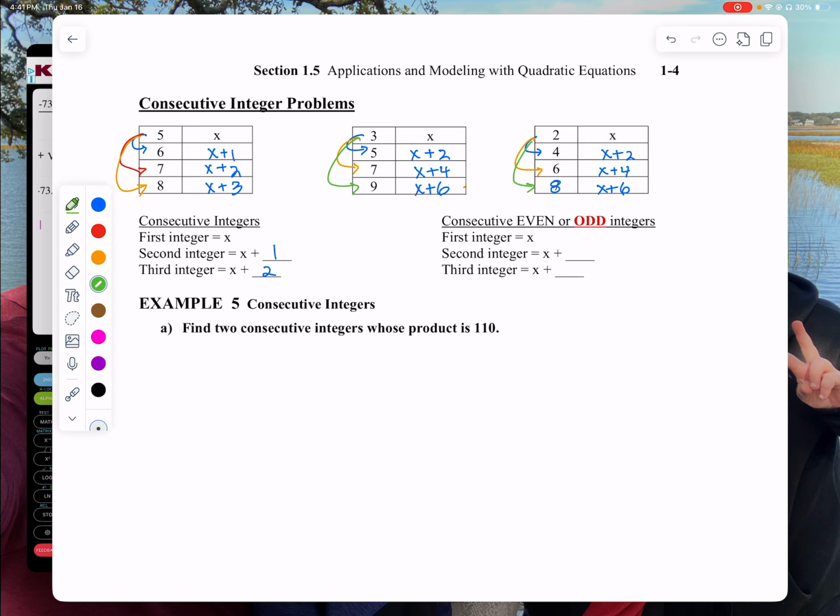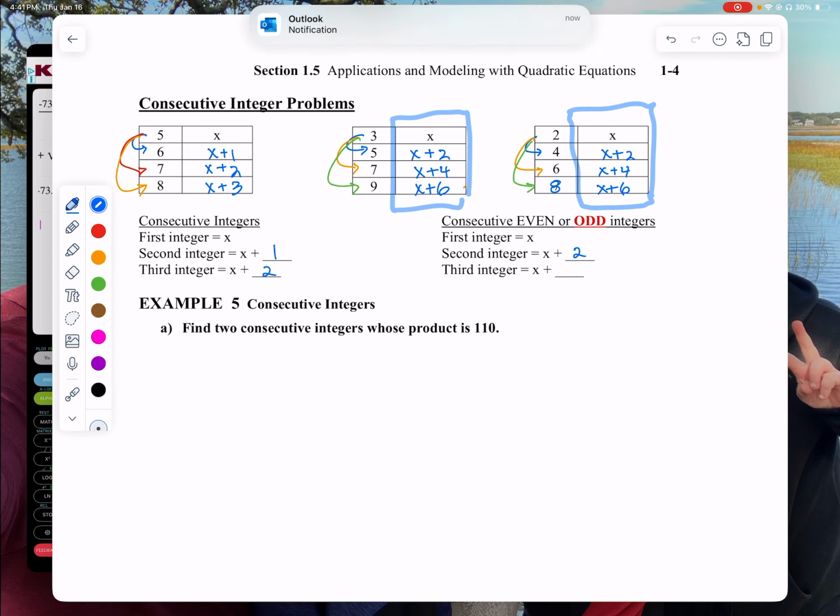I want you to notice that, whoops, let's come up here. There we go. Do you notice that these are exactly the same? To go from an odd to an odd or an even to an even, you're going to be adding even numbers. Okay, so most folks, when you're doing your working problems, whenever it says consecutive even numbers, people have no problem. X plus 2, X plus 4.